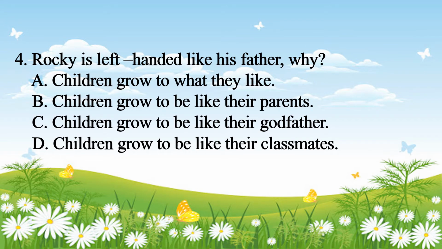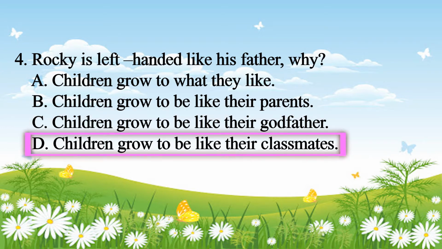Rocky is left-handed like his father. Why? A. Children grow to what they like. B. Children grow to be like their parents. C. Children grow to be like their godfather. D. Children grow to be like their classmates.